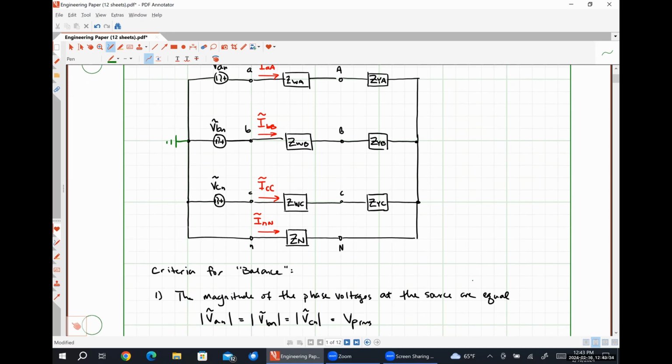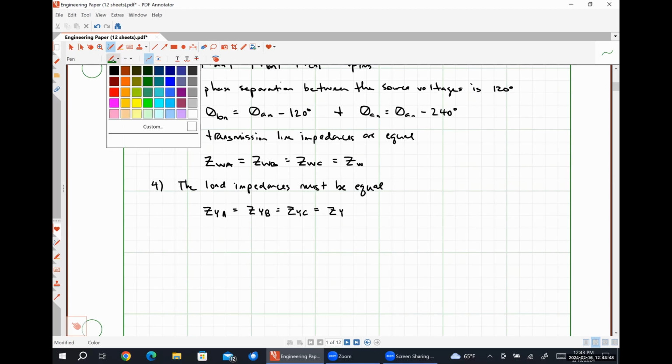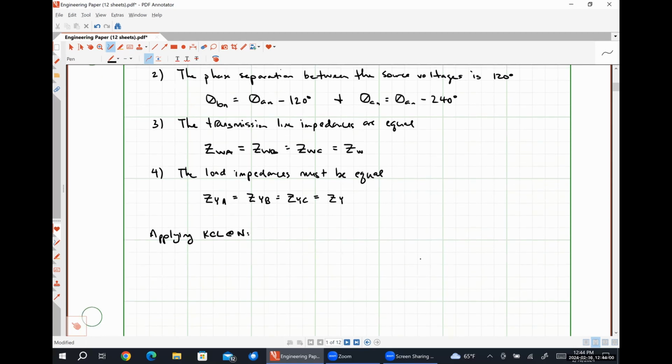If we do that, then we can apply Kirchhoff's current law to the rightmost node, which is the load side neutral. And what we'll find, so let me write this down here, applying KCL at the capital N neutral terminal, we should see that all four of our line currents add together to make zero.